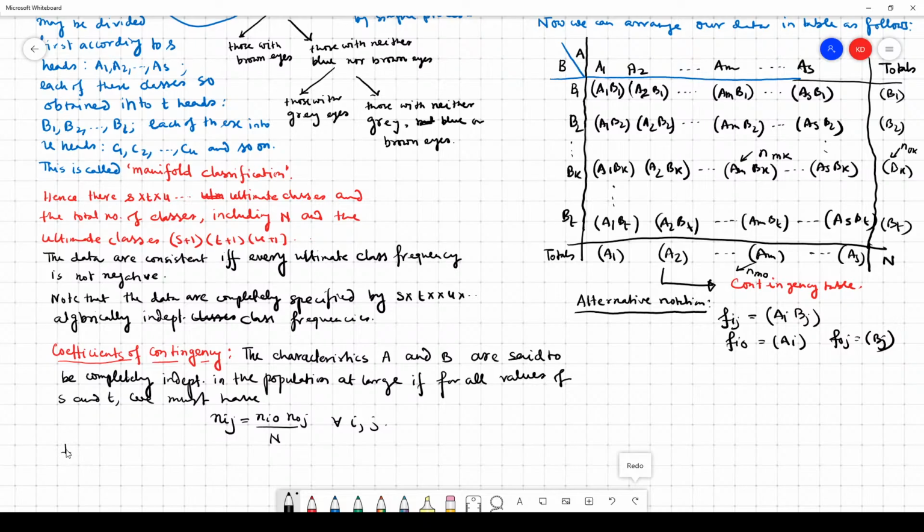And if, however, A and B are not completely independent, sorry, I denote this by F, okay, not N. Please rectify this notation. This is F not N, okay.